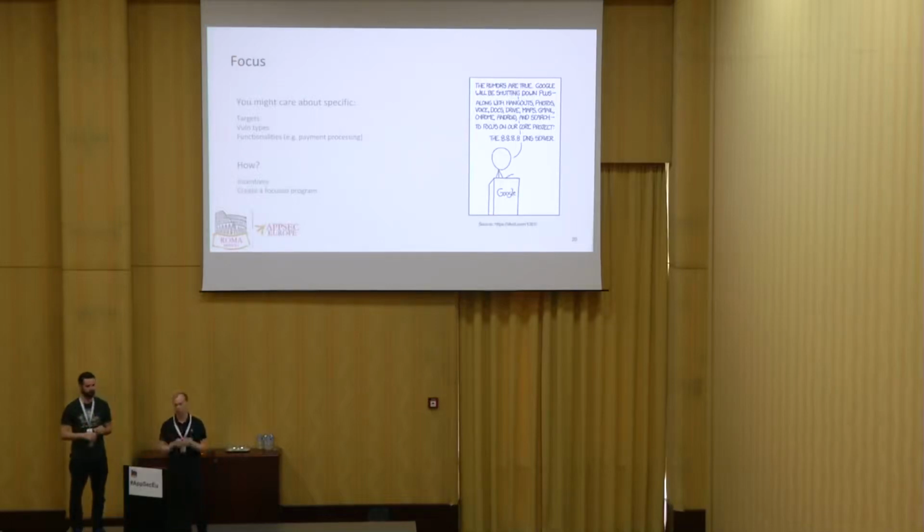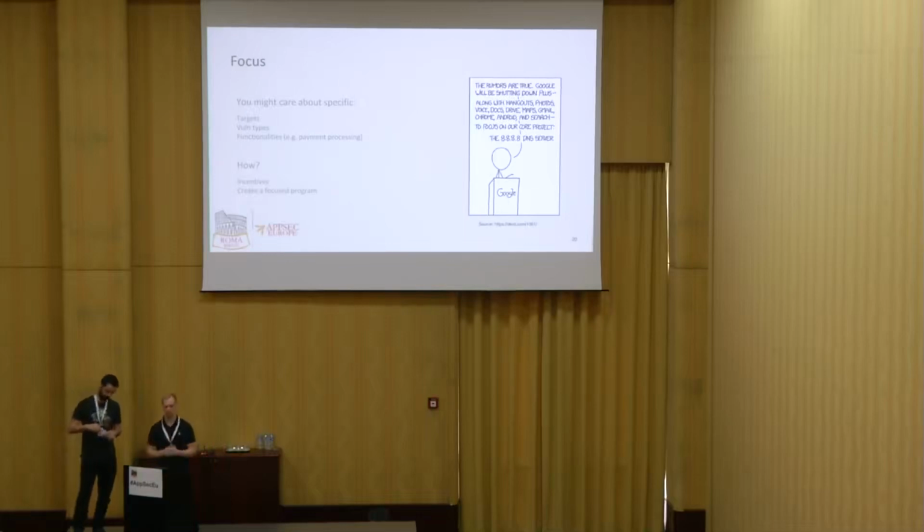So if you want people to test on your iOS app, say 80% of your traffic is through your mobile apps and only 20% is through the web, you should probably call that out to researchers. Hey, test our mobile apps or test our mobile APIs or something to that extent. Because otherwise researchers aren't going to know that information. So you want to make that clear and call that out to researchers.